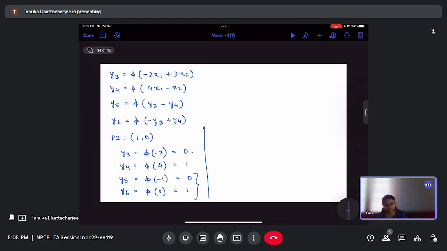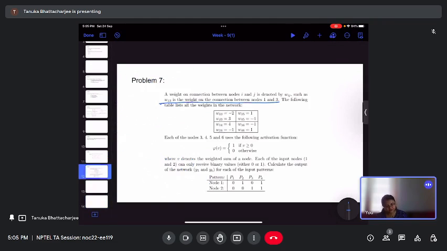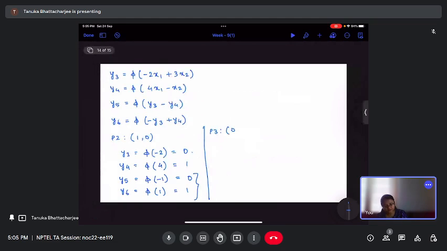Then the next pattern is P3. So we have P3 is 0 1. If you put that similarly, y3 will be phi of 3, which is 1, y4 will be phi of minus 1, which is 0.